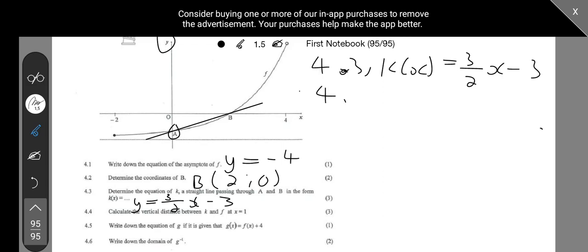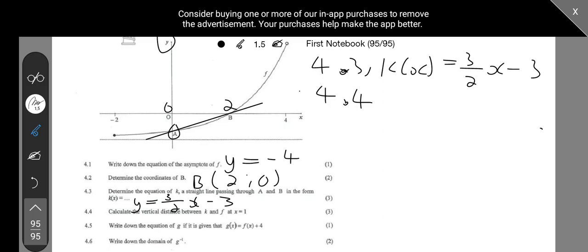Then we're going to 4.4. Calculate the vertical distance between k and f at x equal to 1. Okay, so this is how we can do it. They're just trying to play around with you. Remember the coordinates of B. Here the value of x is 2, and here the value of x is 0.